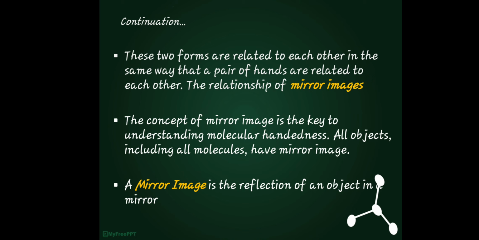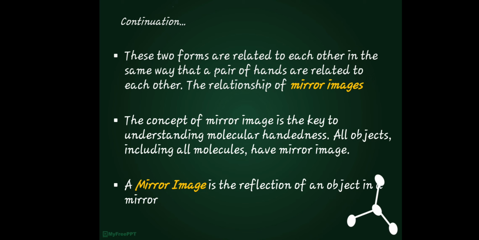Let's define what a mirror image is. A mirror image is the reflection of an object in a mirror. Basically, mirror image is compared to your left hand and right hand. If you look at your left hand and your right hand, it's actually like an identical copy, right? It's the same with the mirror.